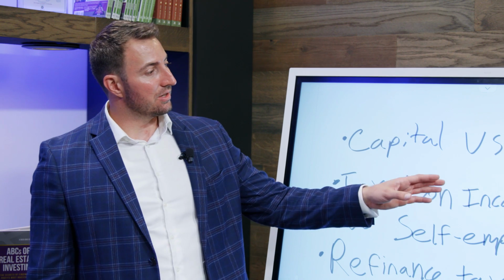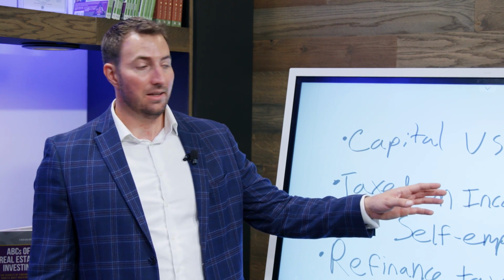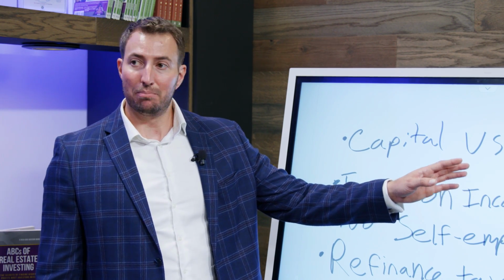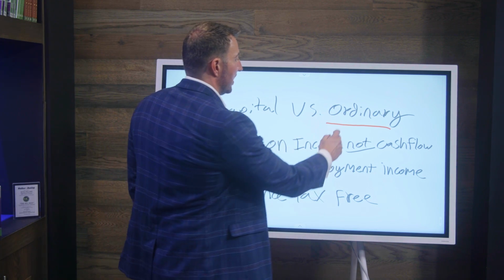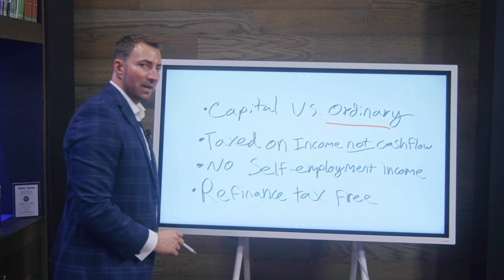And that means that you're paying a higher tax rate than you would otherwise if you can push it into the capital gain treatment. So if you're selling flips, you're here in the ordinary world.